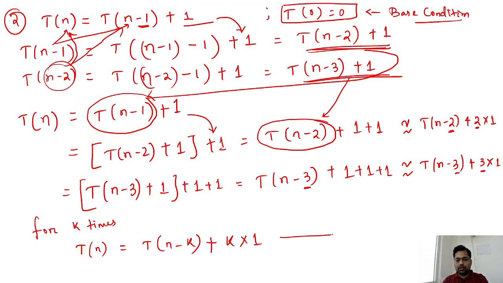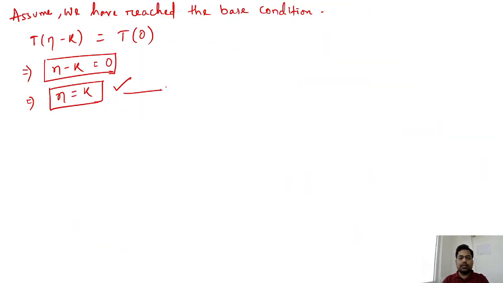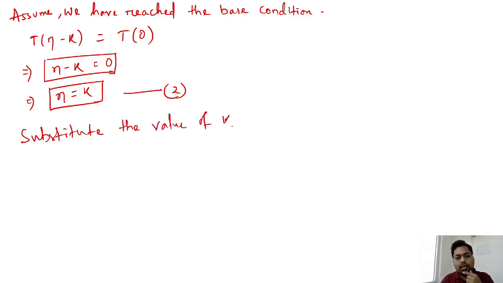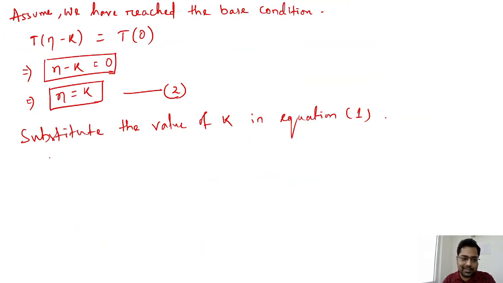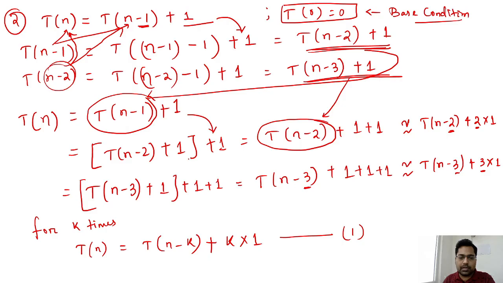Suppose this is equation 1 and this is our equation 2. Now we substitute the value of equation 1 in equation 2, or you can say substitute the value of k in equation 1. Then I'll find the time complexity. T(n) equals T(n-k); in place of n minus k you have to write n.